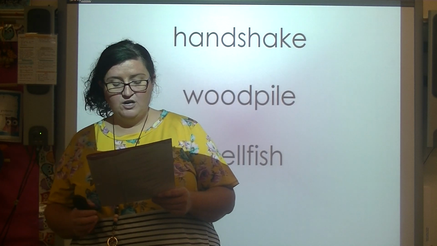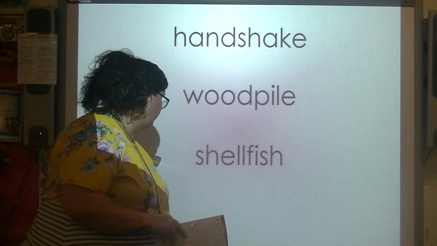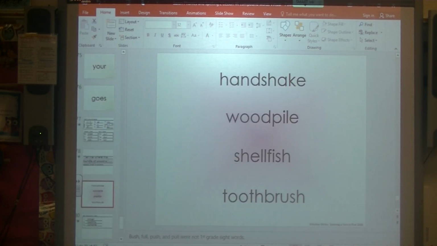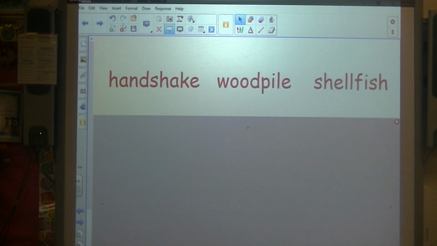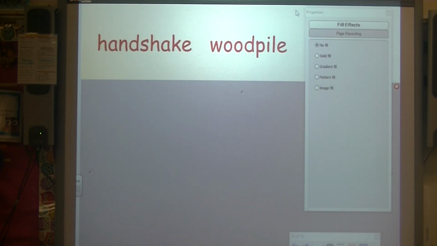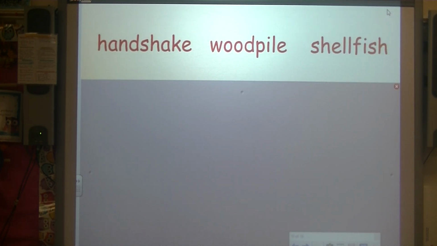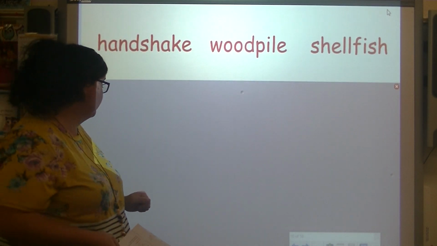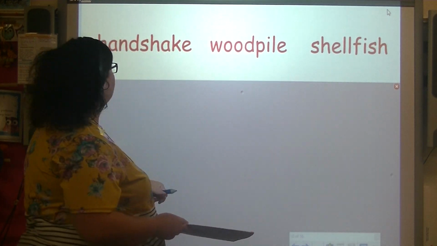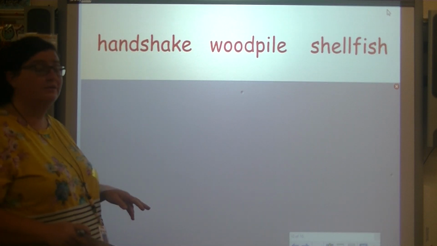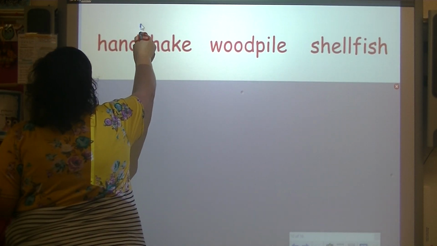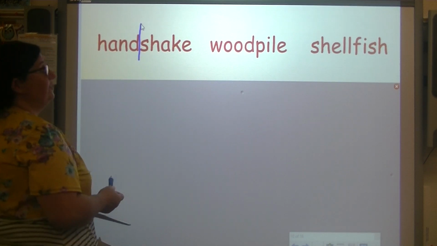All right, let's look at these words and see how compound words are coded. Because it's made of two words, we're going to have to divide the two words. So, in handshake, what did we say the two words were? Hand and shake. So I'm going to put a line to divide the two words.